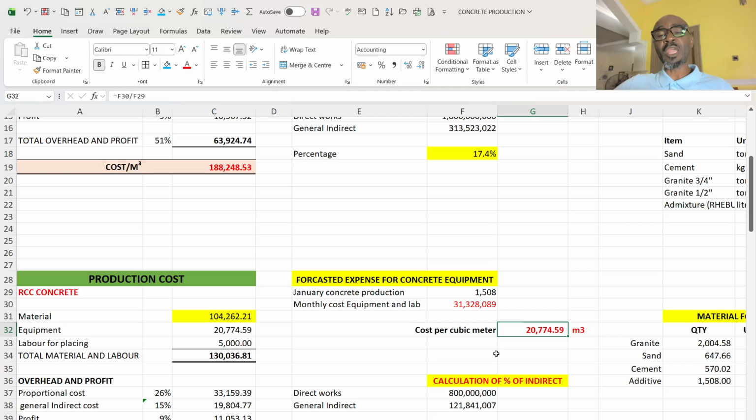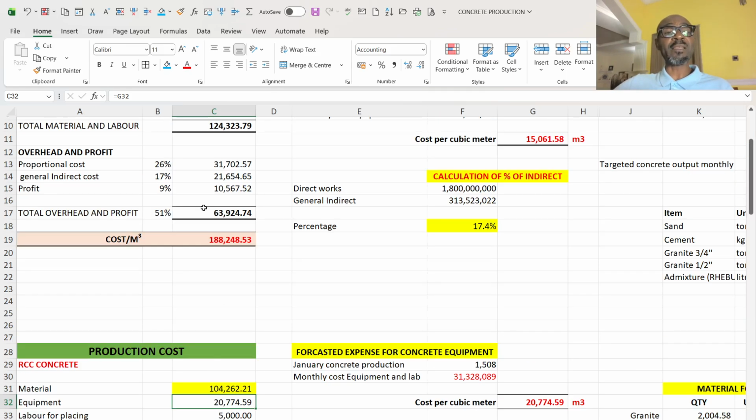I now came up with the total cost for my equipment for my first month of production as 20,774 naira 59 kobo.